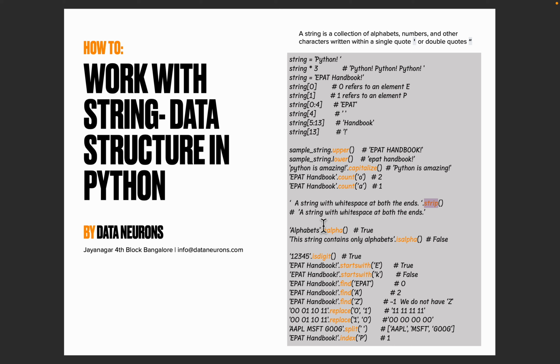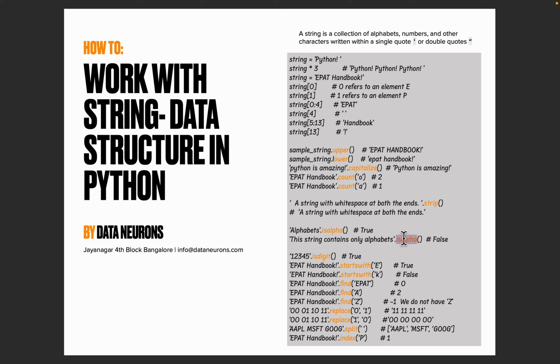If you want to check whether the string you have contains only alphabets or not, then you call isalpha. It checks whether the string contains only alphabetic letters. If it has numbers, then it will return false. If it is just alphabets, then it will return true.